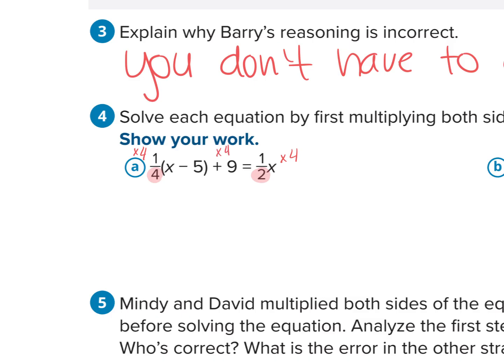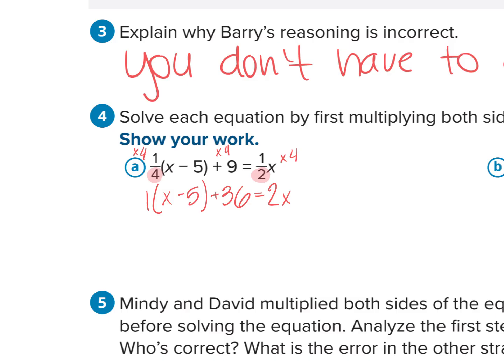So we're going to be doing 1/4 x times 4. Well, that would be 1. You can write the 1, or you cannot, because it would make those parentheses dissolve anyway. And then we would have 9 times 4, because that's our next term, and we would get 36 equals, last term, 1/4 x times 4 would get us 2x.